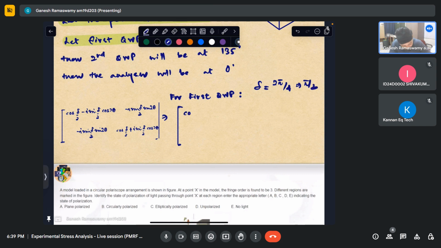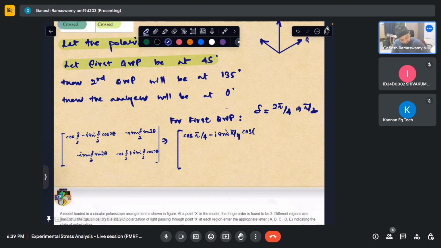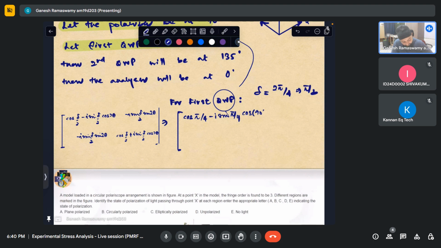So this is cos pi by 4 minus I sin pi by 4 cos of 2 theta. This is at 45 degrees, as we have seen here, so 2 theta is 90 degrees. So this is cos 90.